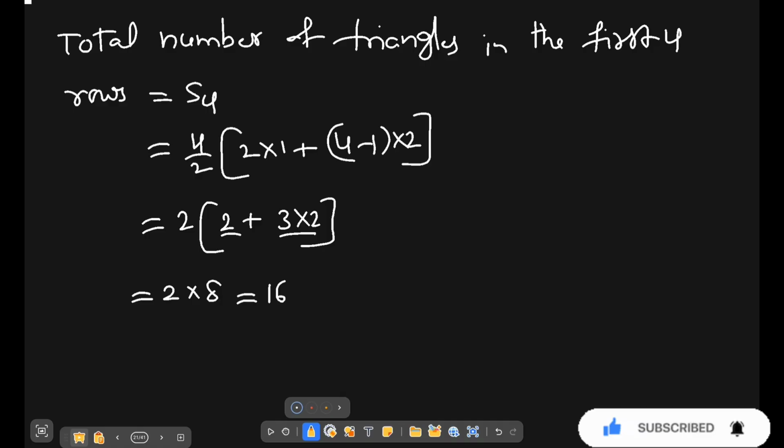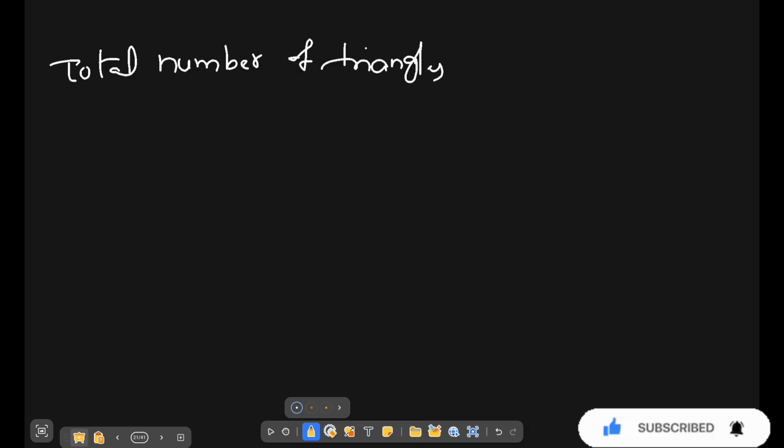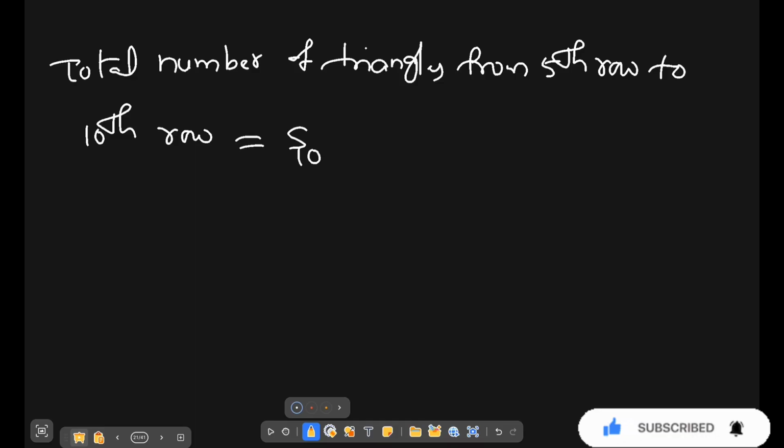So now we have to find the total number of triangles from the 5th row to the 10th row. That will be nothing but S10, the sum of triangles from the first row to the 10th row, minus the total number of triangles from the first row to the fourth row.